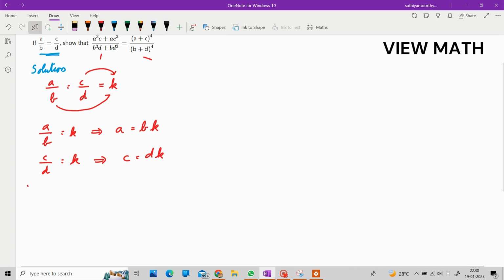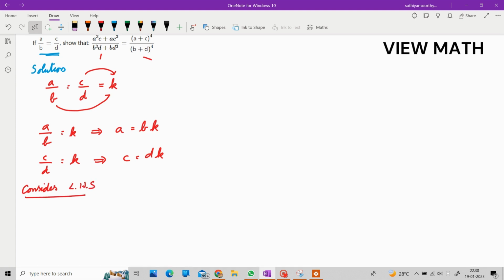Now consider the left hand side: (A cube C plus AC cube) by (B cube D plus BD cube). Now I am going to substitute here A as BK and C as DK.